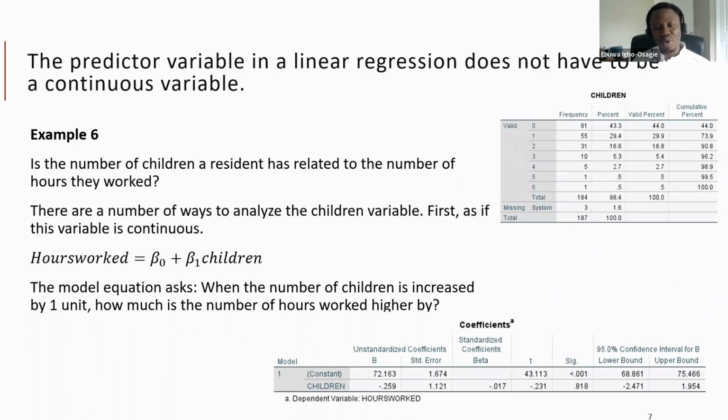The number of children is just like the number of teeth in your mouth. It's discrete. You either have 1 child or 2 children or 3 children. You can't have 2.001 children. But in statistics, we make a lot of assumptions. If you can count the variable, like 1, 2, 3, 4, 5, people say, okay, let's model it as continuous. So let us look at the number of children.